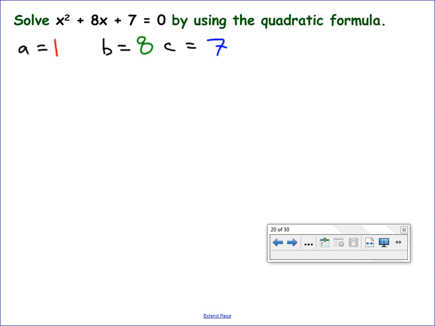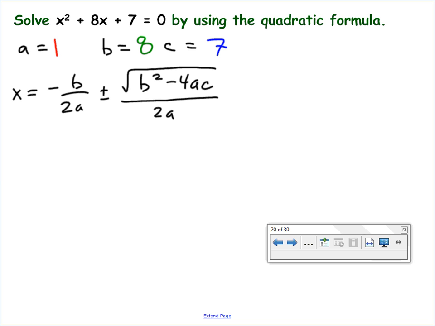And so I know that x is given by the opposite of b over twice the value of a plus or minus the square root of b squared minus 4 times a times c, closed radical, all over twice the value of a. And now we'll go ahead and evaluate by substituting in my values of a, b, and c that you told me.